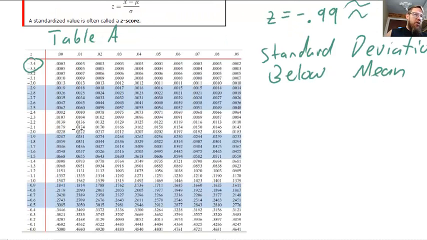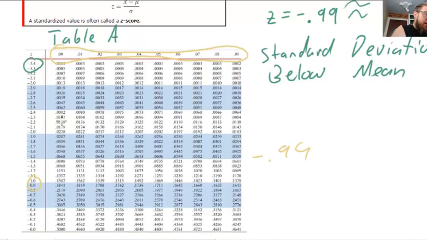So in this table, we can now look for -0.99. In the left column, we search down and look for -0.9. Here's our value, -0.9. And the top here shows us the next digit behind -0.9. So we want -0.99.